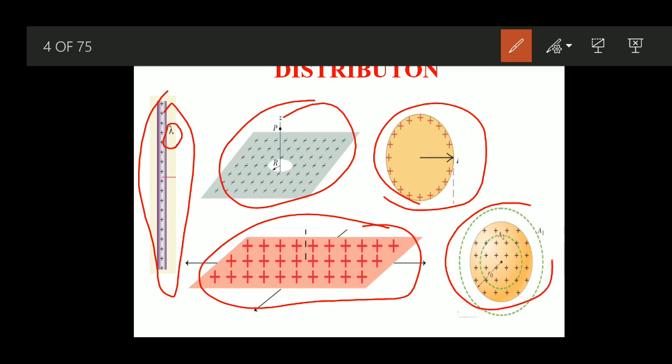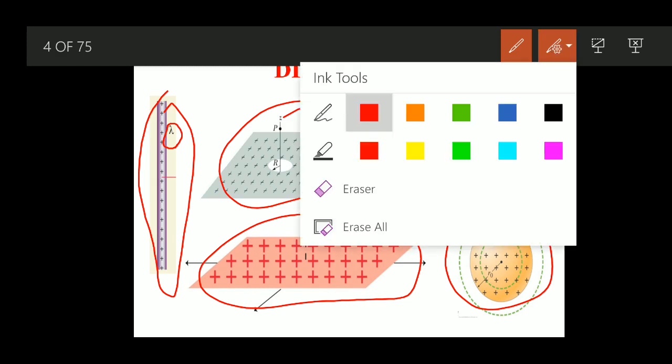And this is the case of the volume charge distribution. So these are the different types of charge distribution. In today's class, we are going to study only the first case, that is, the linear charge distribution.